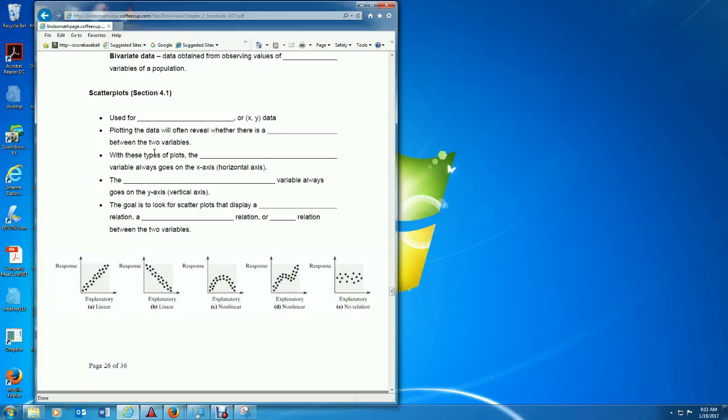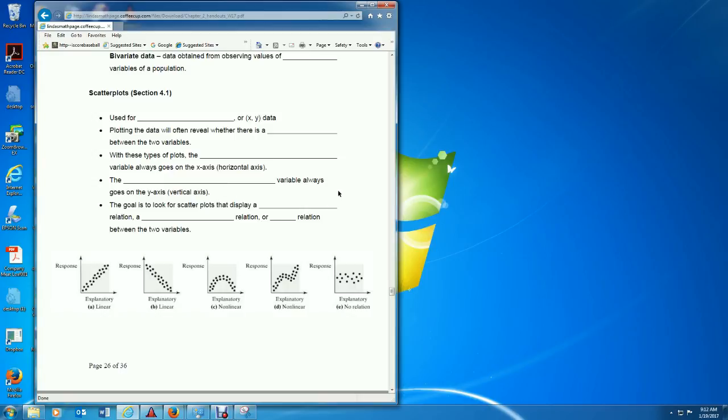So again, scatter plots are used when you have paired or bivariate or XY data. Plotting the data will often reveal whether there is a relationship between the 2 variables. With these types of plots, the explanatory or the independent variable always goes on the x-axis, and the response or the dependent variable always goes on the y-axis.